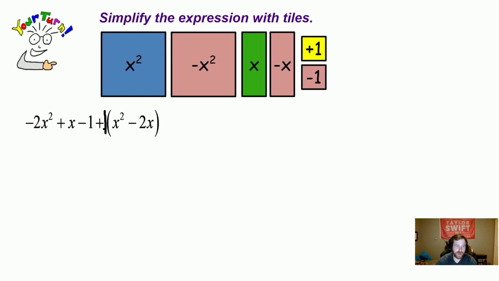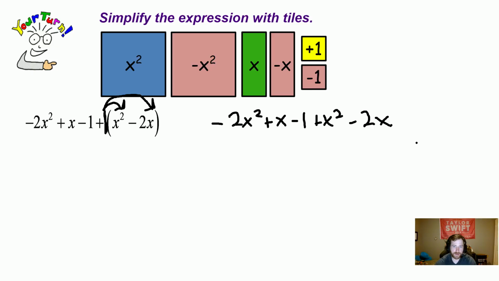There's nothing written after that plus sign, but we know that it is understood that there is a 1 here. So we are going to distribute the 1 in here, which isn't going to change anything. All we do is drop the parentheses, keep the signs the same. So that's going to give me negative 2x squared plus x minus 1 plus x squared minus 2x.